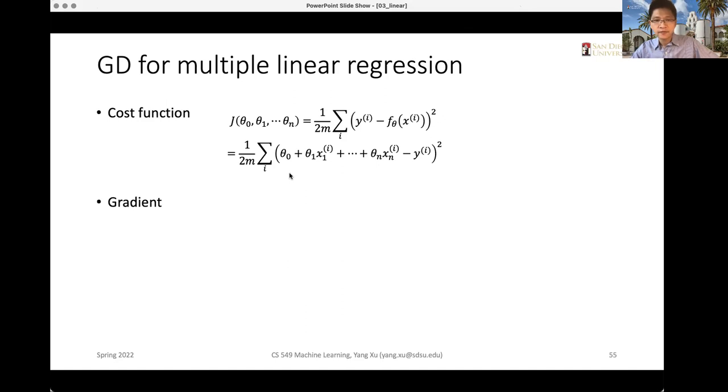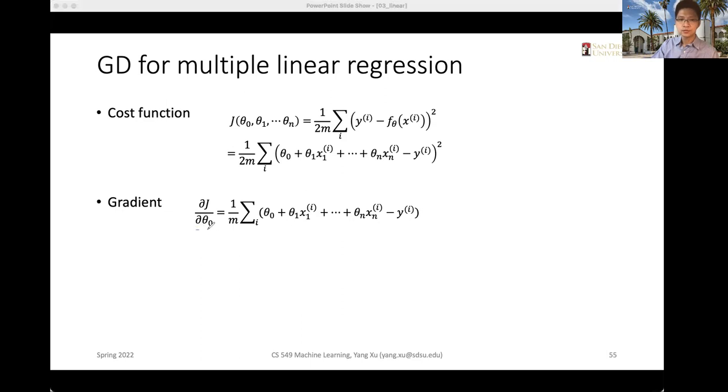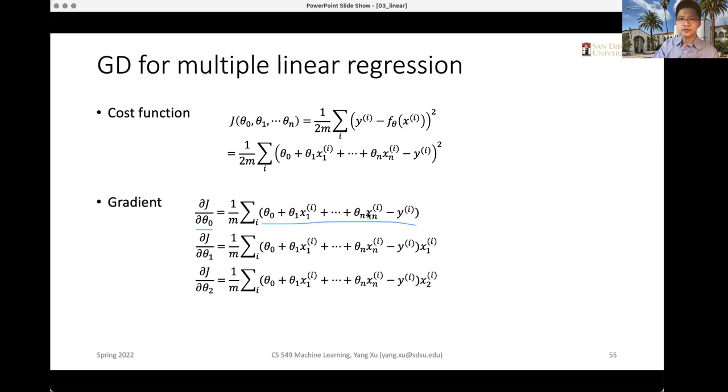And for gradients, we also need to compute n of those gradients. For the gradient with respect to theta 0, it should be this formula. And for theta 1, it should be the same formula with an additional product term here, x1.